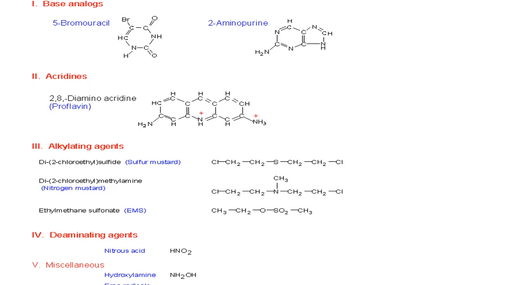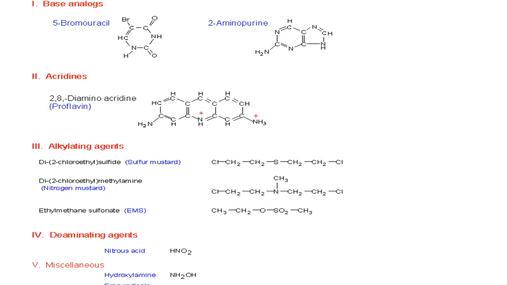And these are the chemical structures, and we can see the four different groups of chemical mutagens. The base analogues, which include 5-bromo-uracil, the analog of the base uracil, then 2-aminopurine, that is an analog of adenine. Then come acridines.